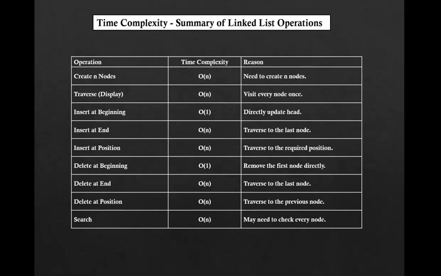Delete at the beginning removes the first node directly, so it is order of 1. Insert at the end and delete at the end, you have to traverse to the last node, so it is order of n. Insert at a position and delete at a position, you have to traverse to the required position, so it is order of n. Searching also may need to check every node in the worst case, so it is order of n.